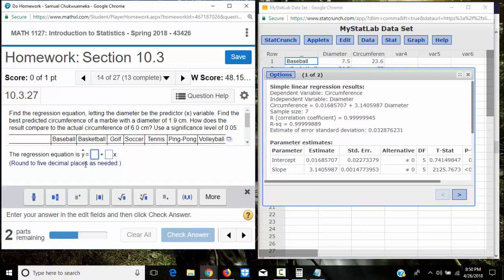So the y-intercept of the regression equation, this is the regression equation. The y-intercept to 5 decimal places as needed will give us 0.01686.